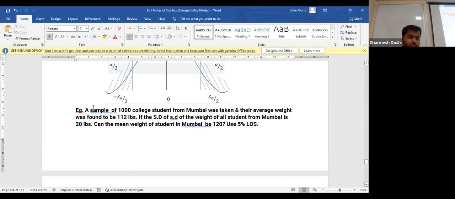Can you write this example, please? Formula is simple. Already we have written. So you want to write the formula as well. Now you write hashtag one sample, right? Hashtag one sample Z-test.